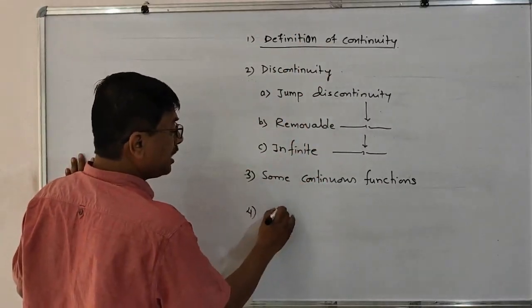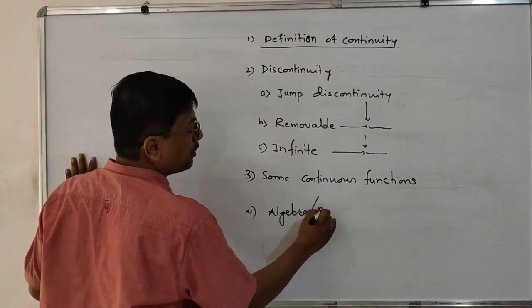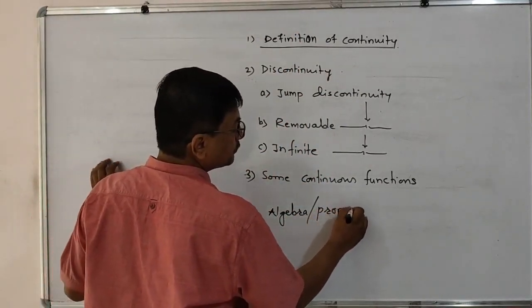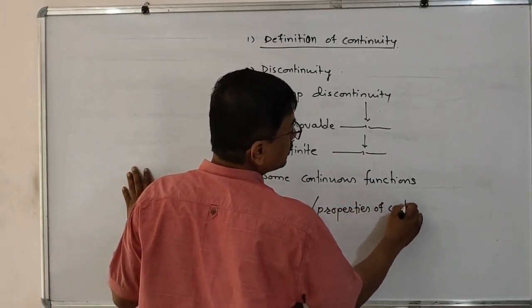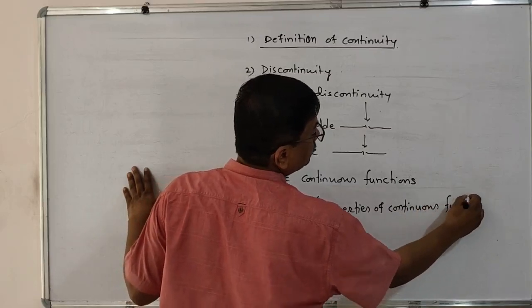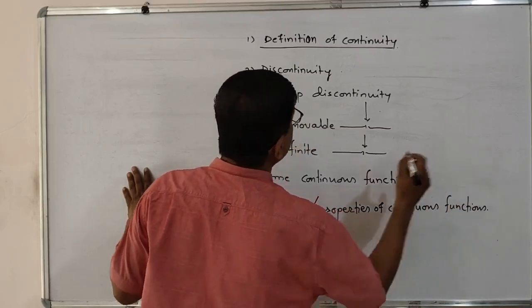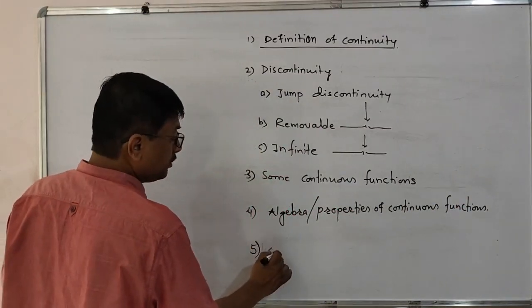Fourth one, algebra or properties of continuous functions. Then fifth one is continuity in interval.